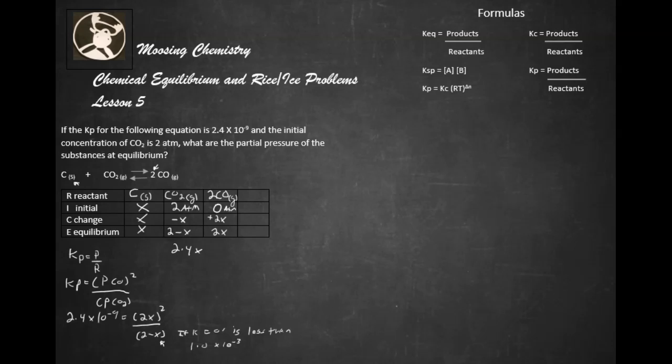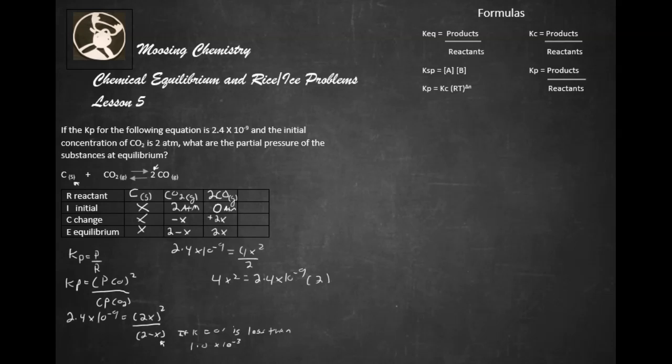So what this gives me now is 2.4 times 10 to the negative 9 over, 4x squared over 2. So we go 4x squared equals 2.4 times 10 to the negative 9 times 2.